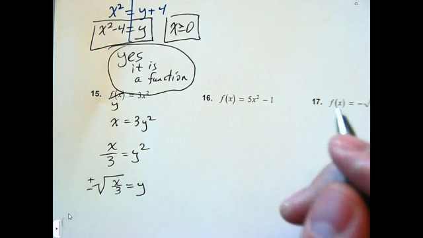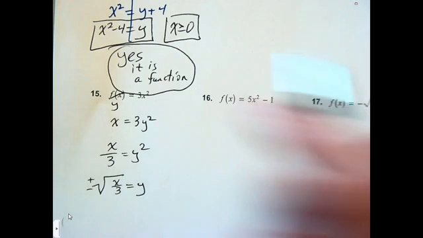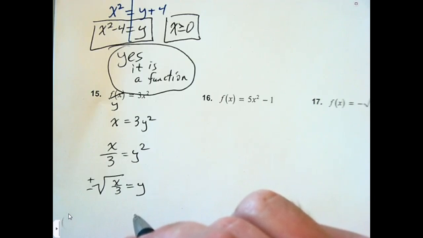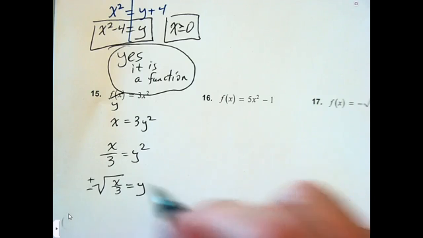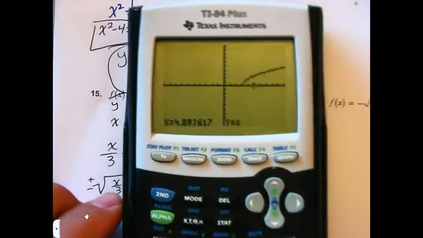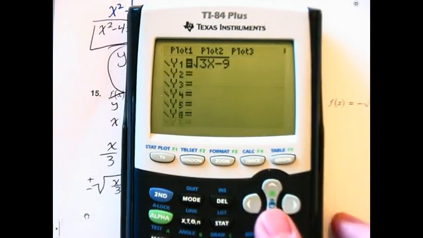Bailey? Okay, can I come back to that? Is this a function? Plug it into your calculator. Can I see it? Thanks. All right, Kai put it in, but Kai put in only half of it. He put in the positive half.